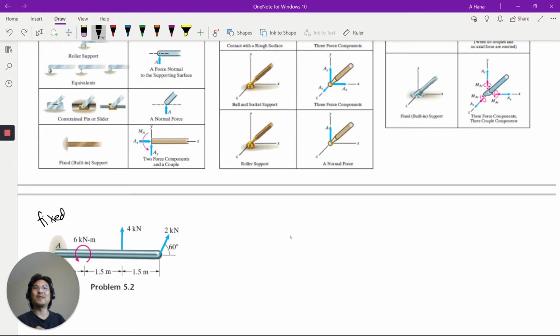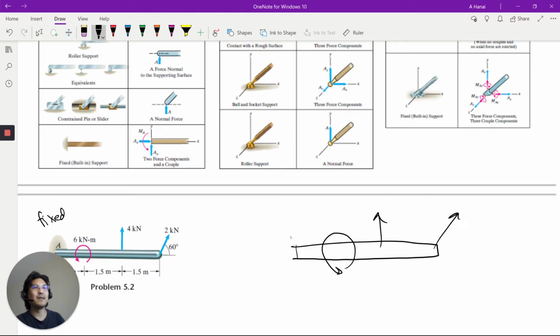If you try to lift it up and down, the wall fights back against you. If you try to rotate the bar, there's a reaction couple fighting against you. Here's the free body diagram, here are the loads acting on it, and then this couple.